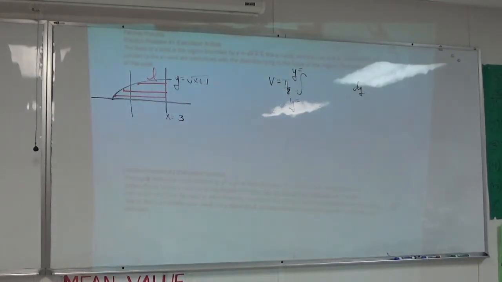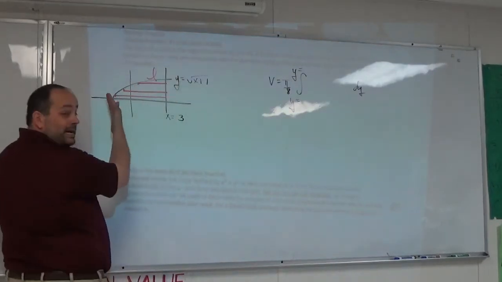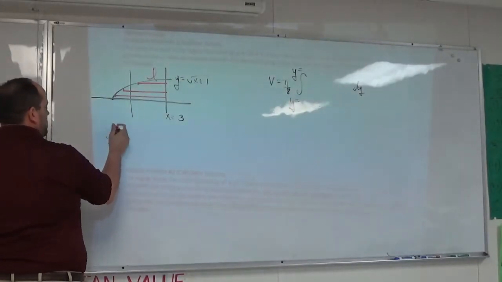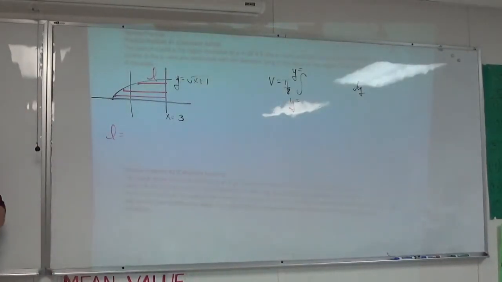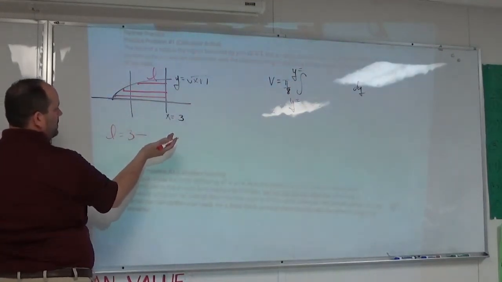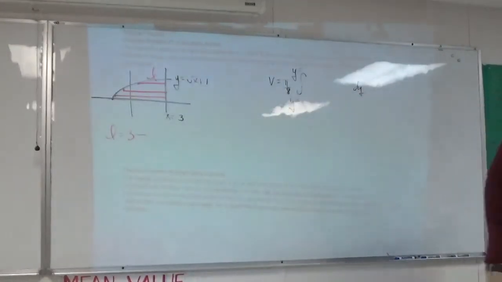This is why the direction matters. It's not going to be top minus bottom, it's going to be right minus left. So right minus left. Which one's on the right? 3. Okay. The guy on the right is going to be 3 minus which one's on the left? Square root of x plus 1.